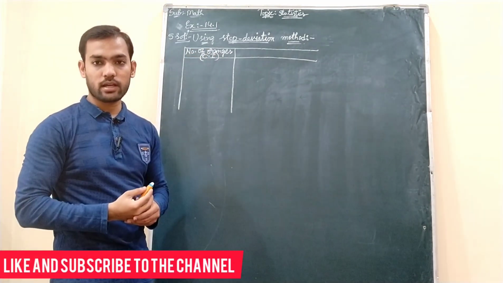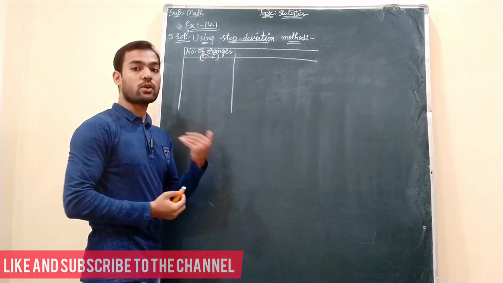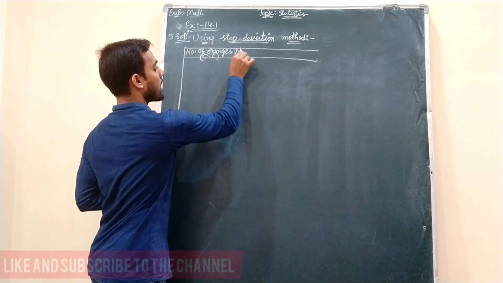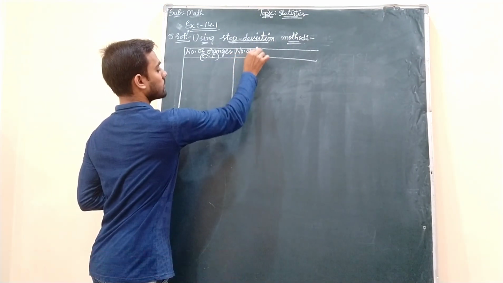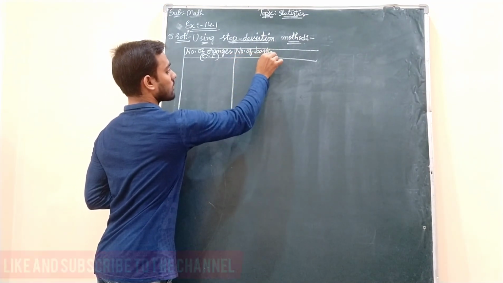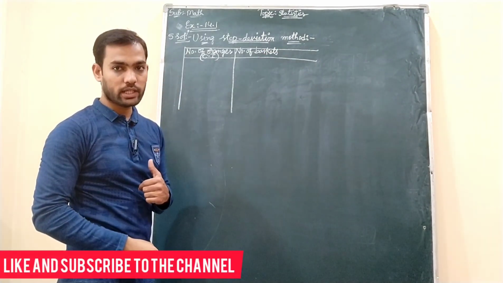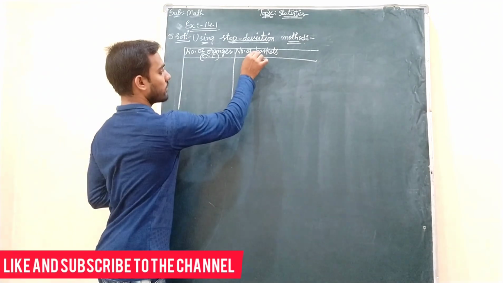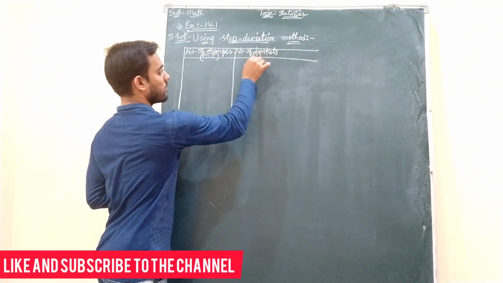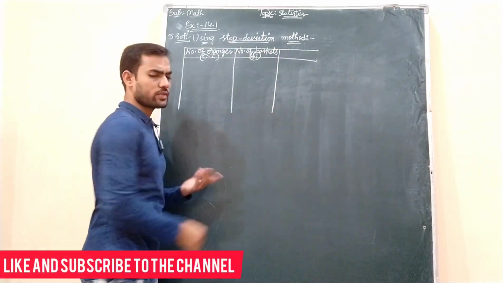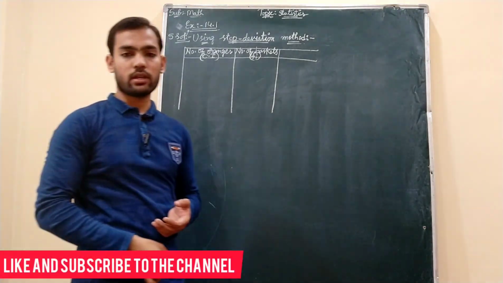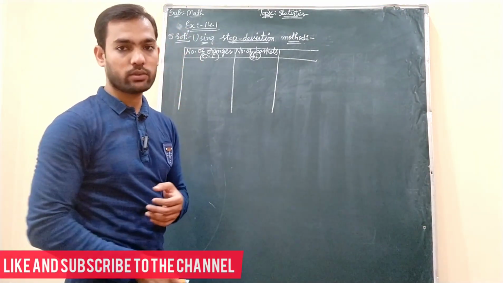So number of oranges is the class interval, and the next column he has given is number of baskets. What do we need to take this as? Right, fi, because it is frequency. After this, as you are all aware, the third column will be the mid value, that is xi.